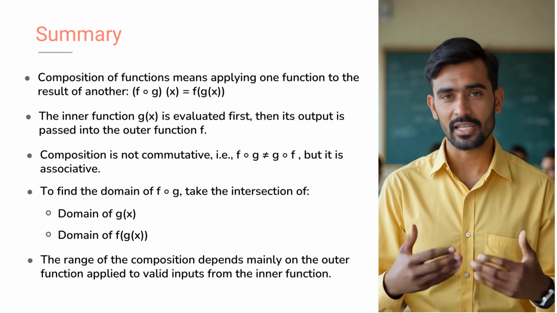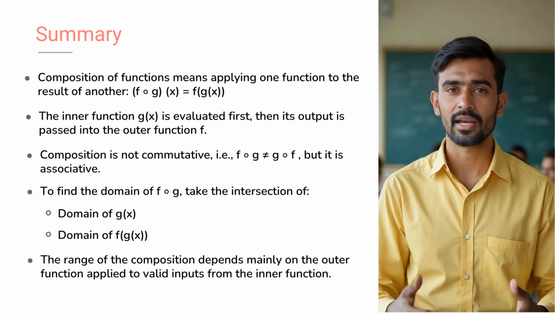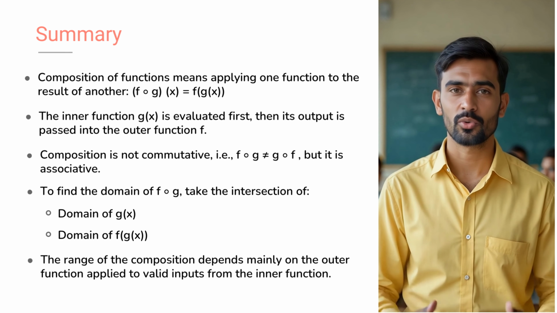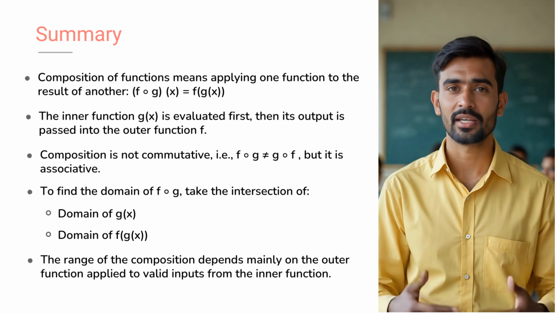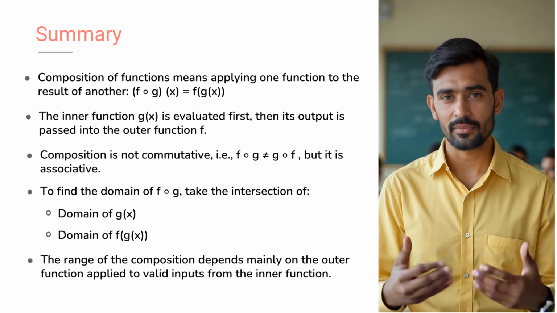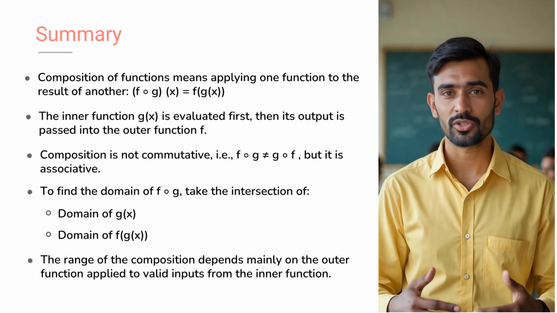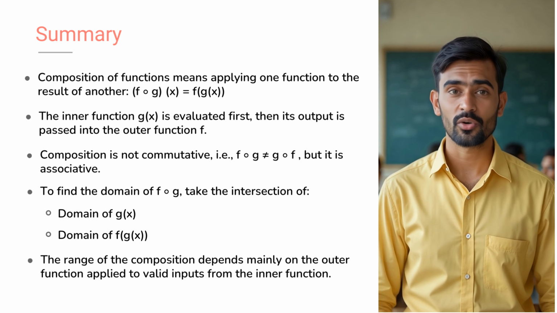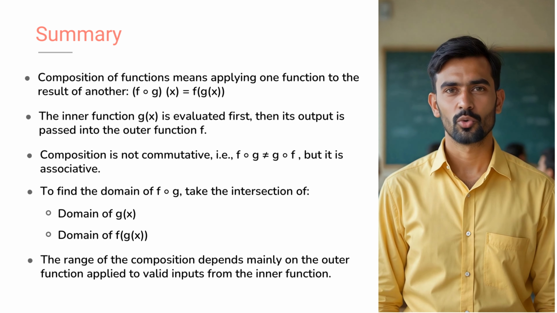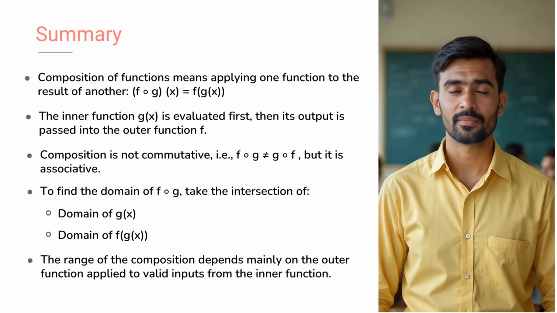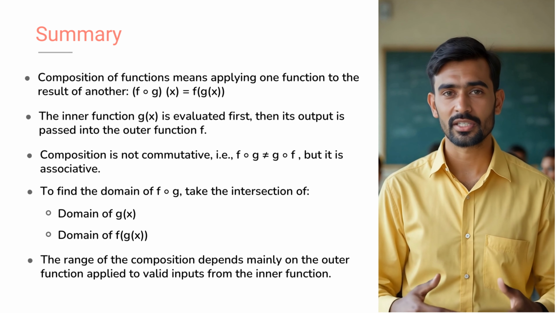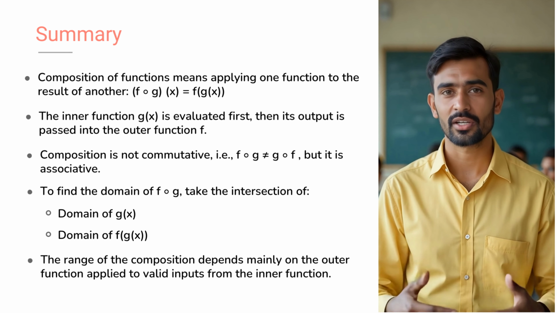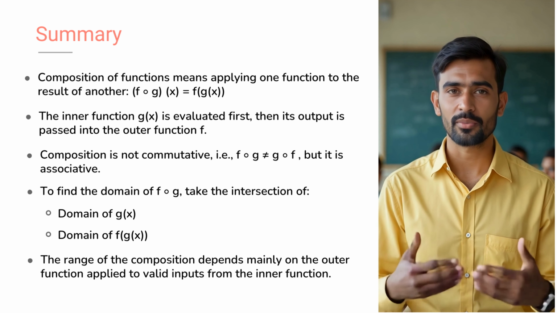Function composition is not commutative, i.e., f composed with g is not equal to g composed with f, but it is associative. To find the domain of f composed with g, take the intersection of the domain of g of x and the domain of f of g of x. The range of the composition depends mainly on the outer function applied to valid inputs from the inner function.